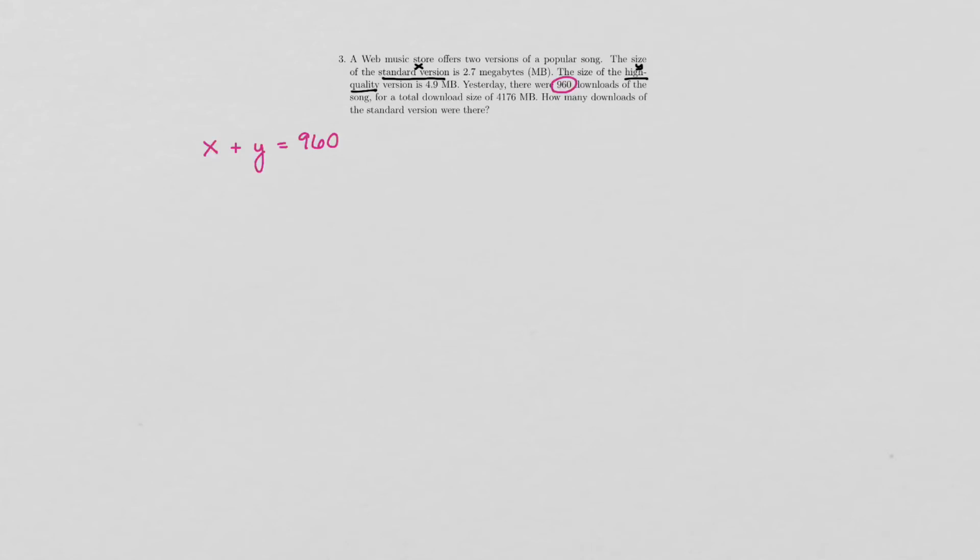Then the other part says that the size of the downloads is 4,176, and they gave me the size for the X and the size for the Y. So 2.7X plus 4.9Y equals 4,176.